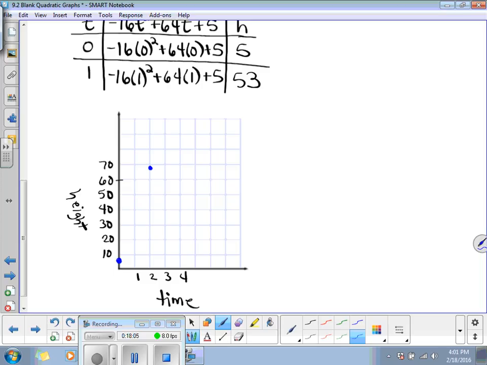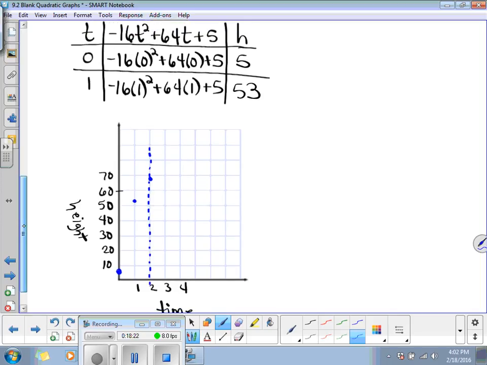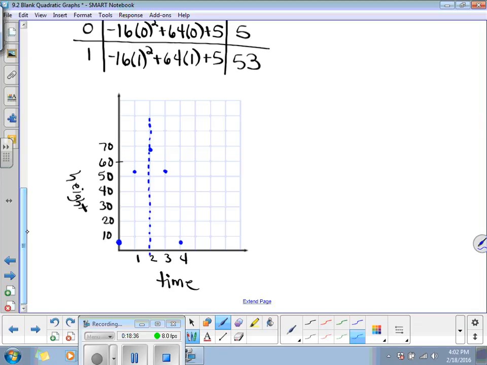The other point we have here is 1 comma 53. So there's 50. 53 is about right there. Now, we have our axis of symmetry right here. So that tells us that 1 unit away on the axis of symmetry we have a point on that side over there. And same thing 2 units away at 5. Now, that means that when we graph, this is our graph.